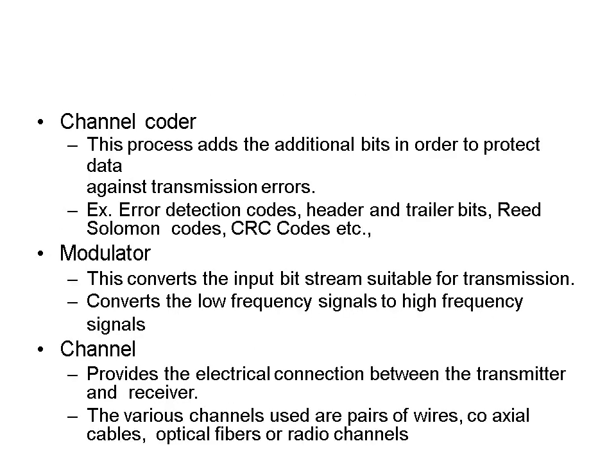Example, zero padding. The channel coder adds additional bits in order to protect data against transmission error. For example, error detection code, header and trailer bits, Reed Solomon code, CRC code, etc. The modulator converts the input bit stream to a form suitable for transmission, and also converts the low frequency signal to a high frequency signal.